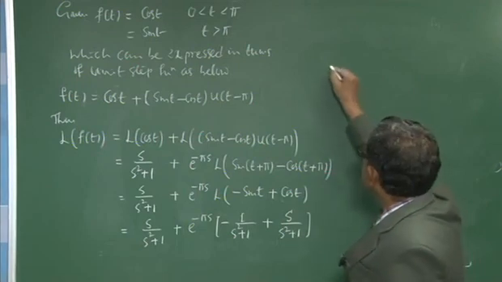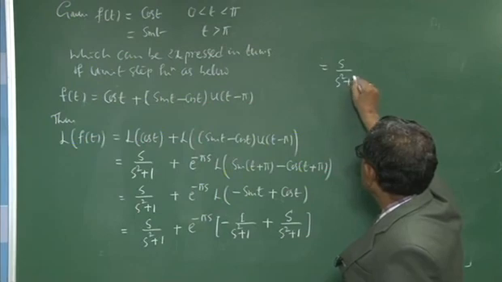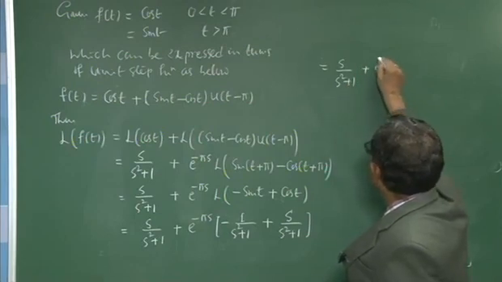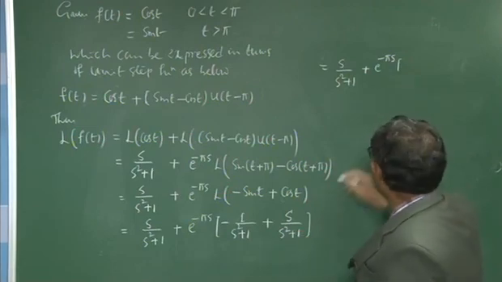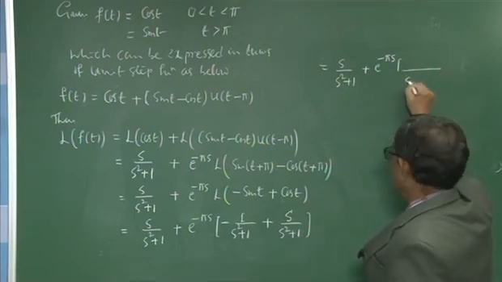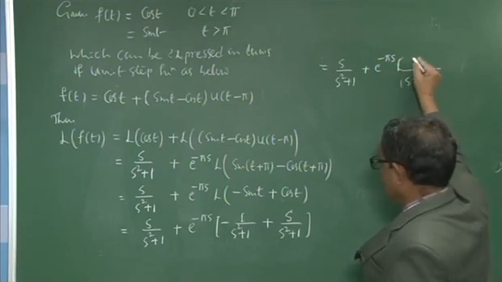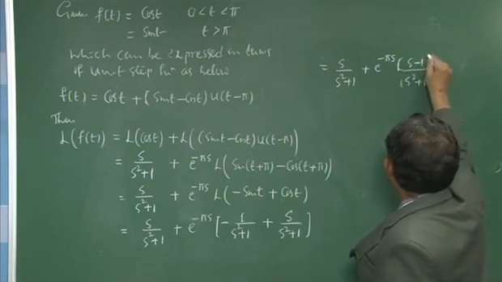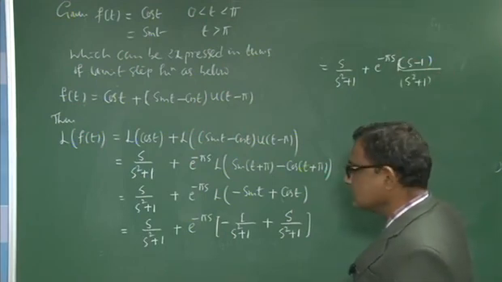Or you can simplify further: s divided by s square plus 1 plus e raised to minus pi s, you can take the LCM, you can write it as s square plus 1, and here s minus 1, s minus 1 divided by s square plus 1.